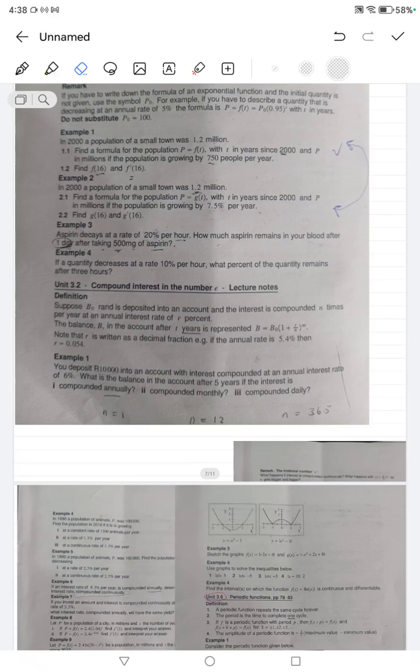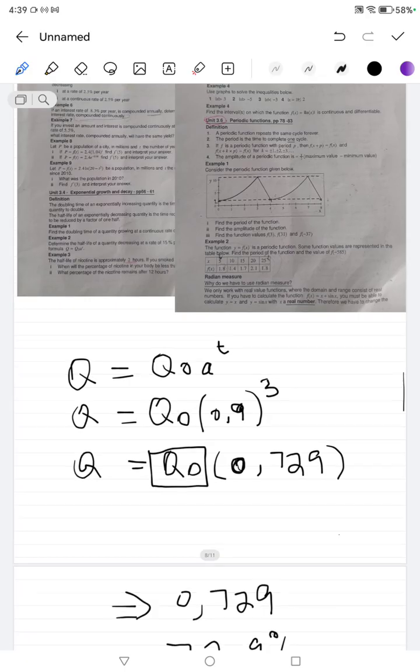So it means we're still going to be using this formula, but the only difference is where you see your n, for the first one we're going to use 1, the second one we're going to use 12, then the third one we're going to use 365. So let me also write them quickly.